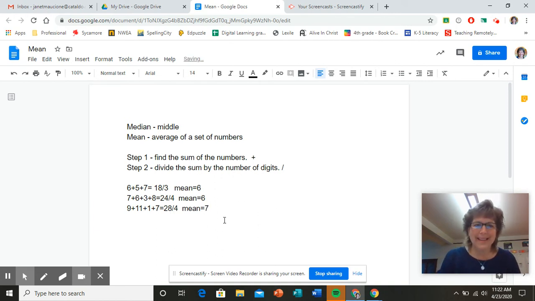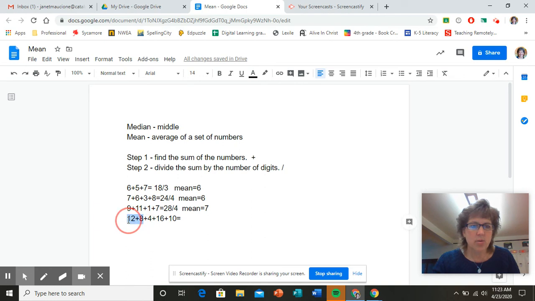Okay, one last one. This one is a little challenging because we have bigger numbers and more numbers. So I'm going to go 12 plus 8 plus 4 plus 16 plus 10. What does that equal? These two numbers equal what? 20.